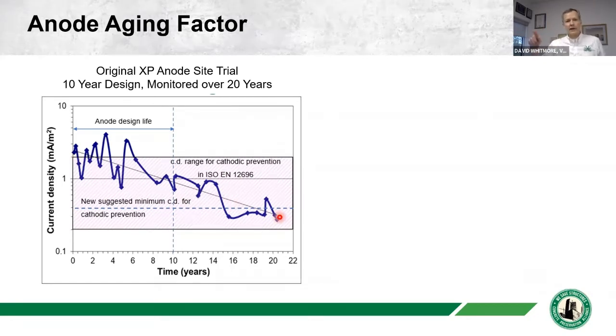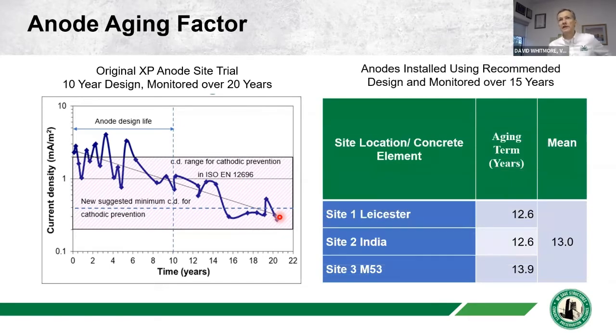Obviously the weather will affect that up and down, but this decay curve can be translated into a constant slope when you plot log of current versus time. And when you calculate the slope of that line, we get what we call an aging term. That is essentially the amount of time that it takes for the current to drop by 50% from either the initial current or from that particular point in time.